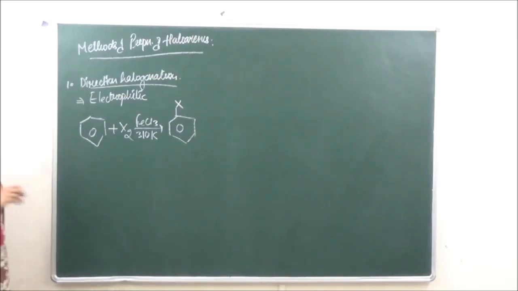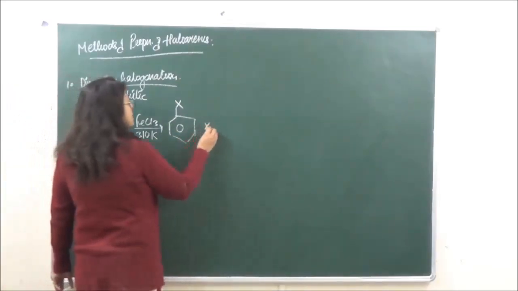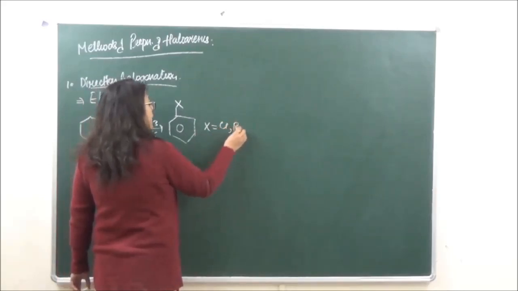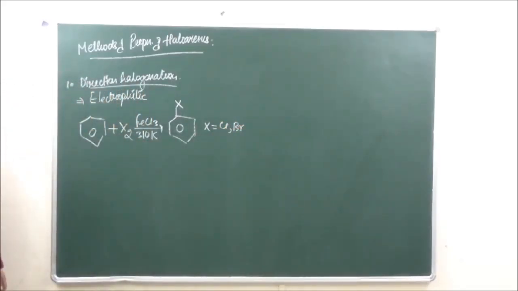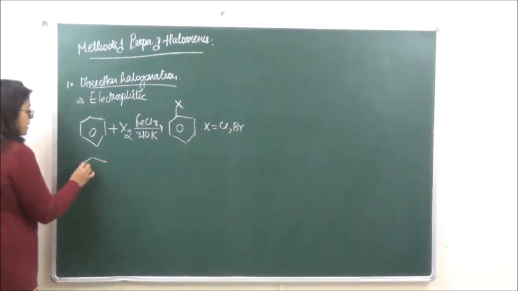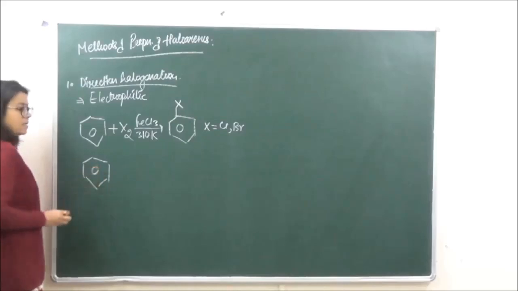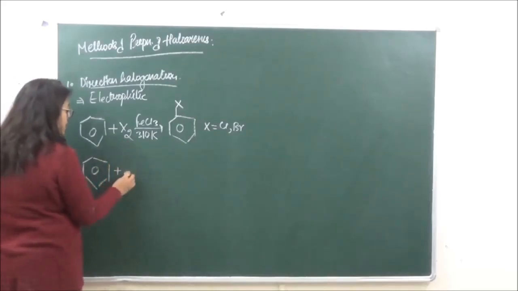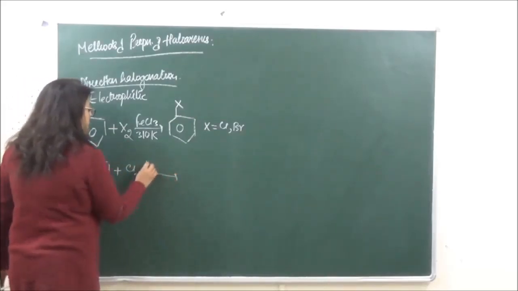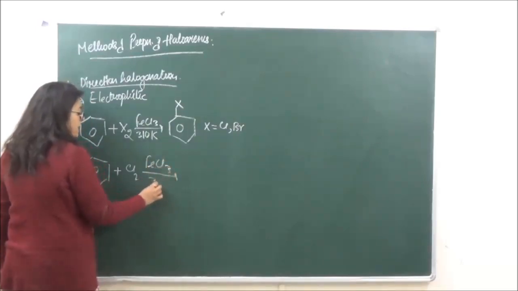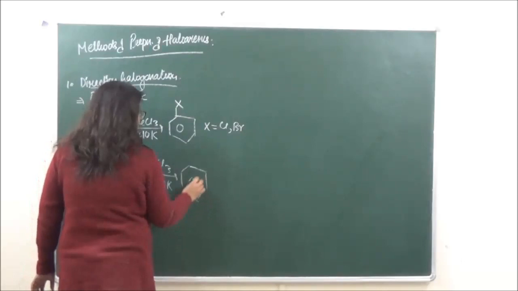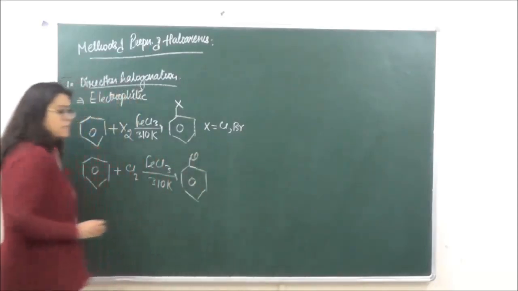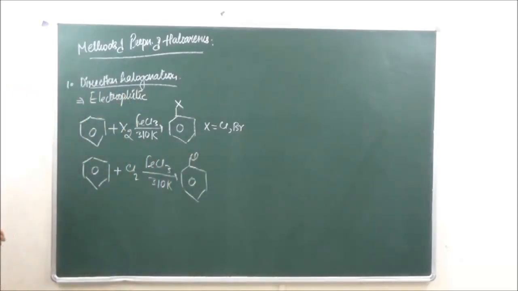Now over here the X which we are taking may be chlorine or bromine, either of the two. Let's take an example over here. We are taking a benzene ring. With that we are reacting Cl2 in presence of FeCl3 at 310 Kelvin, which is going to give us chlorobenzene.